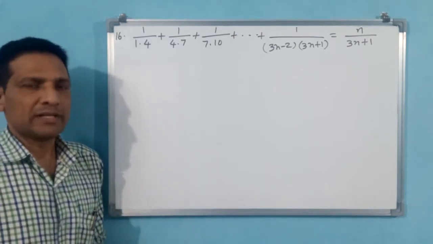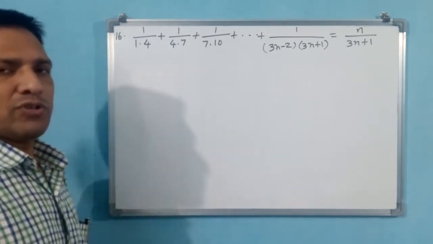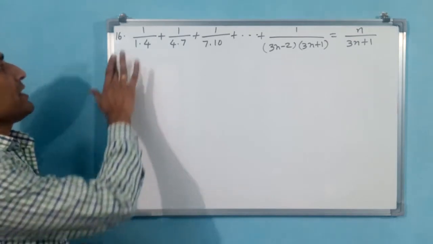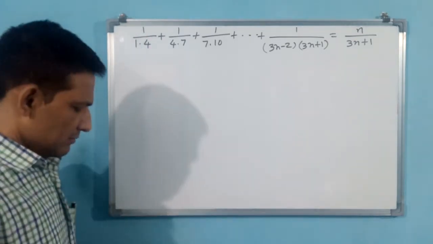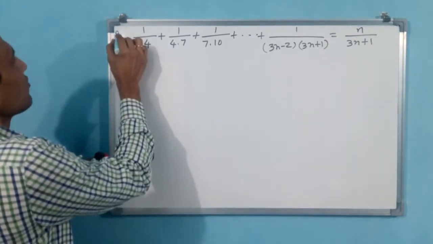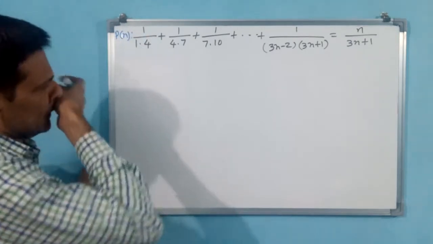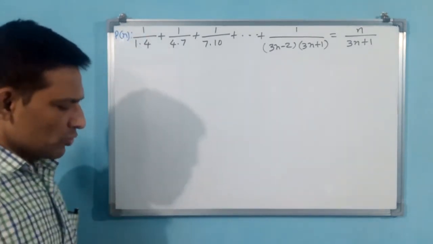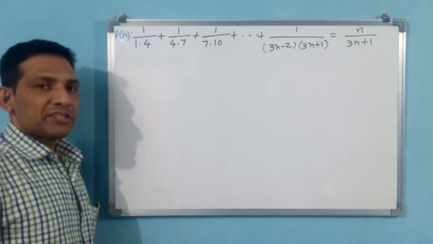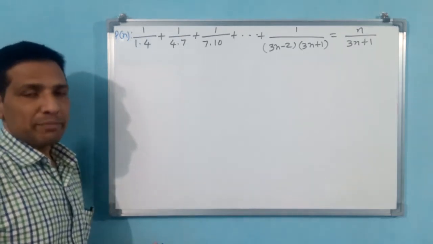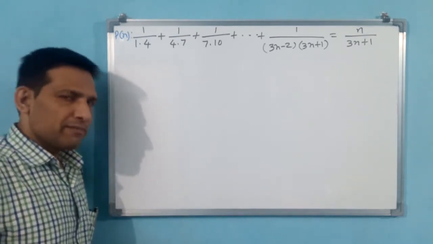First step is over. Second step, P(n), the proposition we have to take. I am taking this as the proposition, but you have to write it again. Two steps are over. Next, the third step is P of 1.